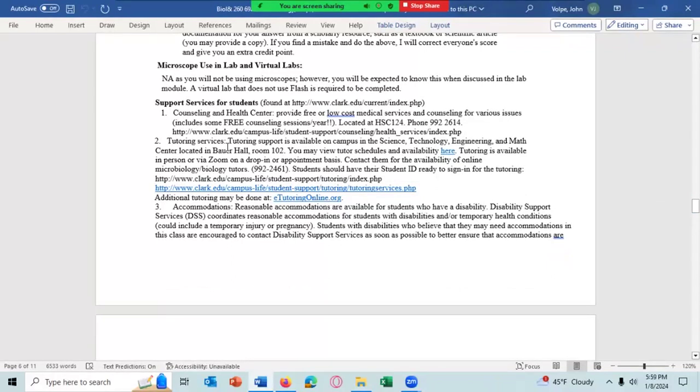There is a tutor this term for microbiology, and they have an office you can walk into and meet your tutor. You have to go in when the tutor who covers microbiology is going to be there. They do have online tutoring too.